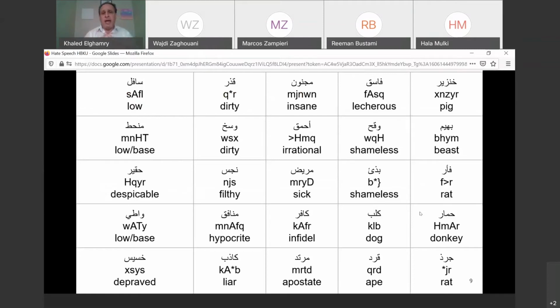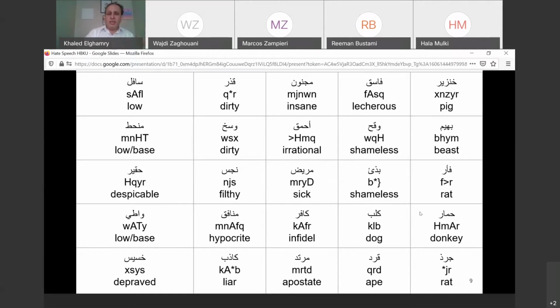According to Baha, the target of hate speech could be represented as low, dirty, insane, lecherous, as an animal like a pig, base, irrational, shameless, etc. We'll see the classes of these hate speech terms later on.